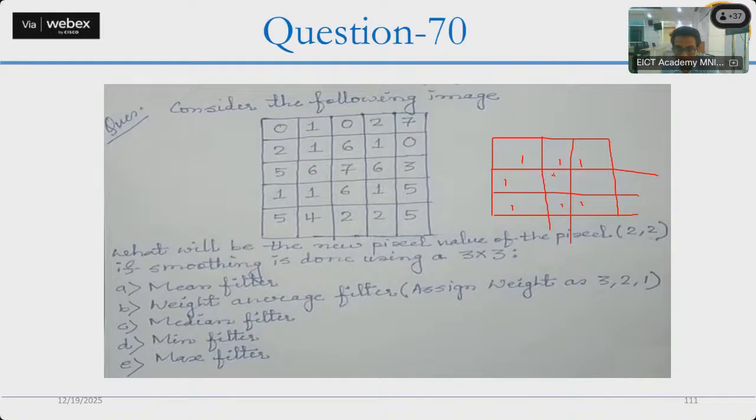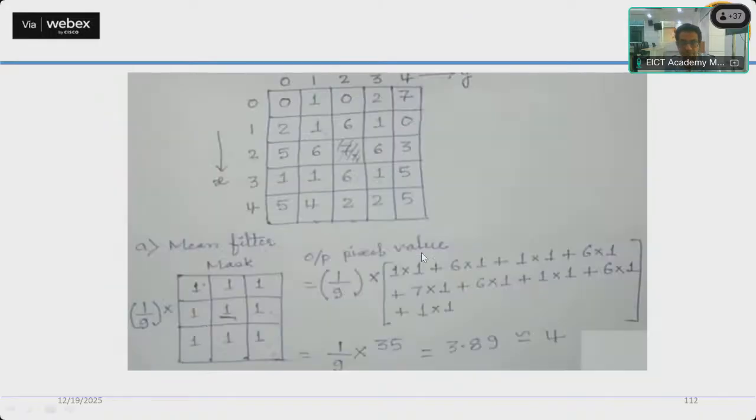So what is this value? You can take this value as 1 and outside you can take the value as 1 by 9. This is the mean filter shown here, and this way you can calculate the value. Again, the value will come as a fraction, so you will round it off.